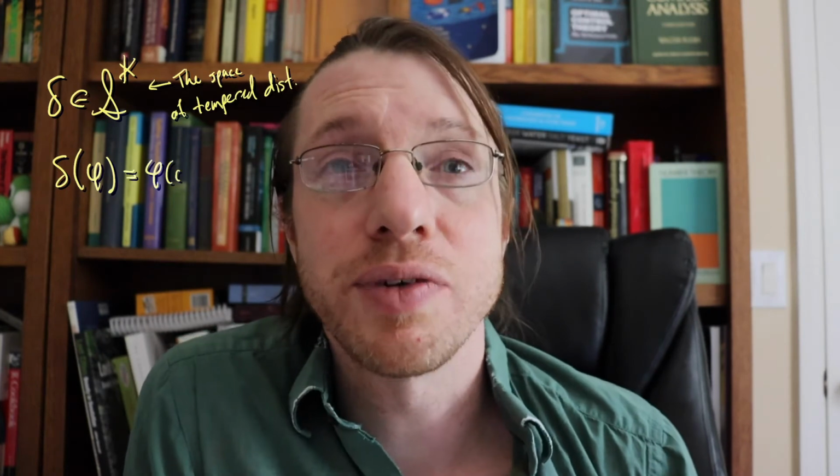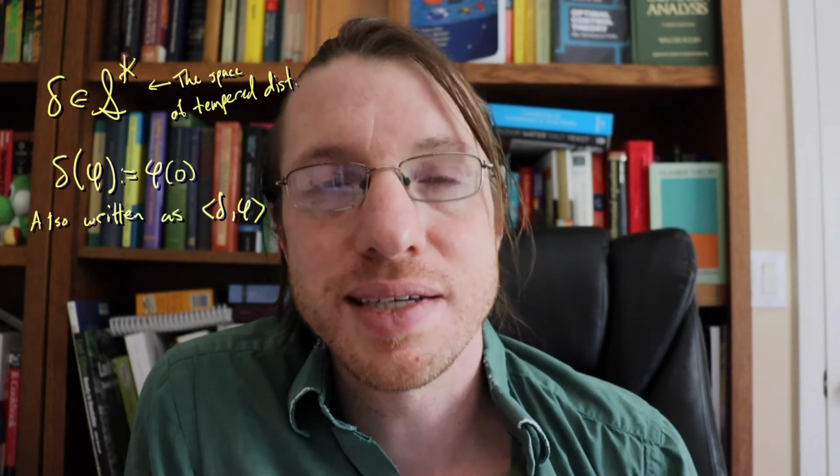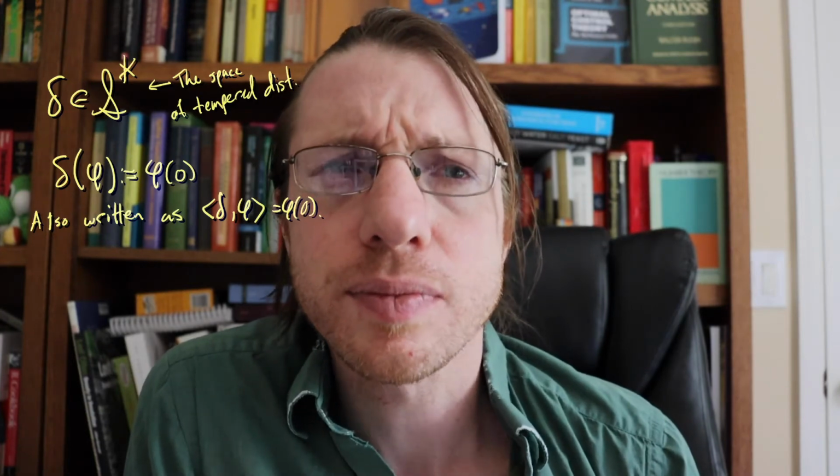So thus far, we've gone over a definition of the tempered distributions and what they are, which are continuous linear functionals. We've had a few examples. So we had delta functions: evaluation of a function at a point, say 0, is the Dirac delta function, and that is a linear continuous functional on the Schwartz space.